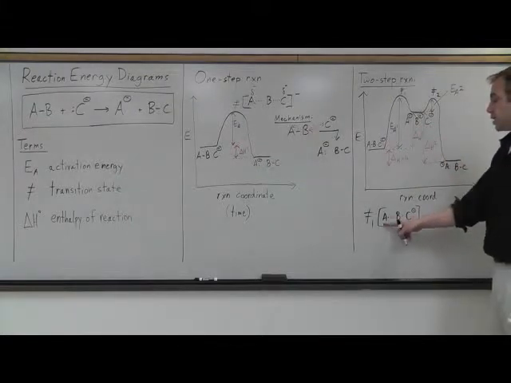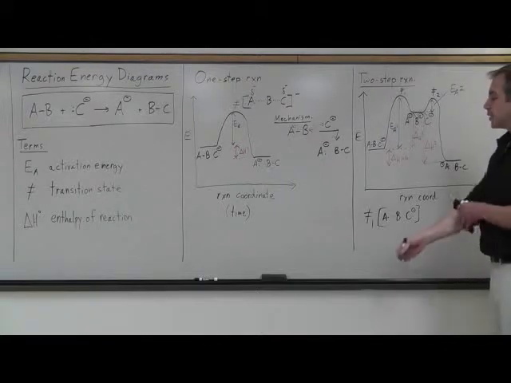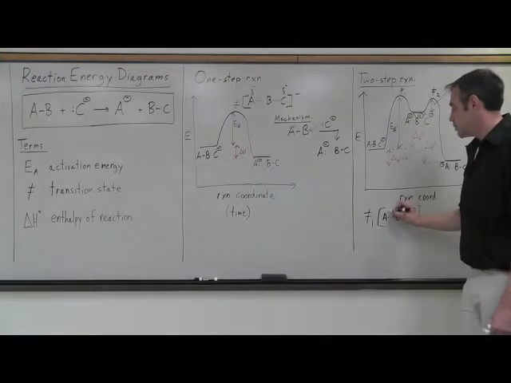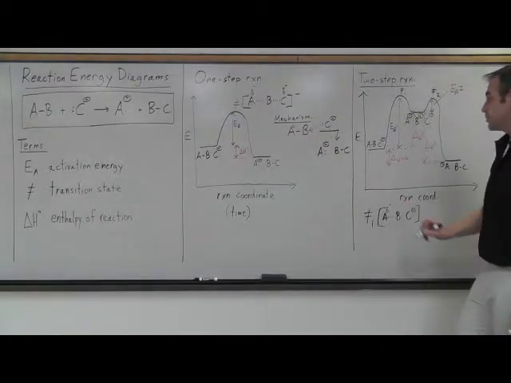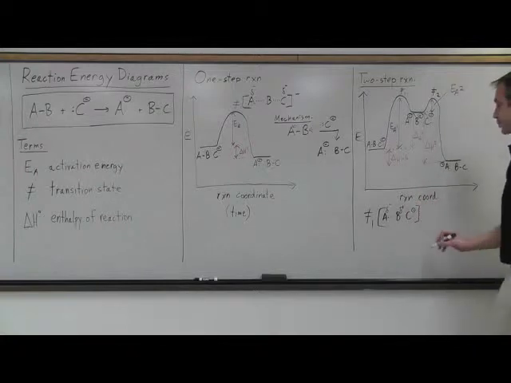However, A and B are involved, or the molecule AB is the only thing involved, and we can see this bond breaking apart. We're beginning to develop a partial negative charge on A and a partial positive charge on B.